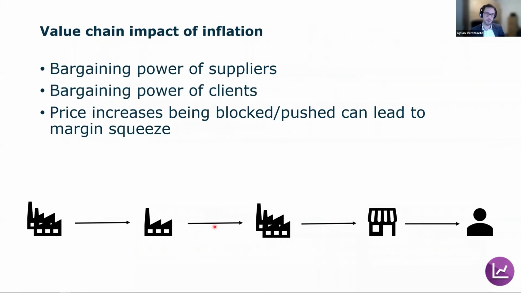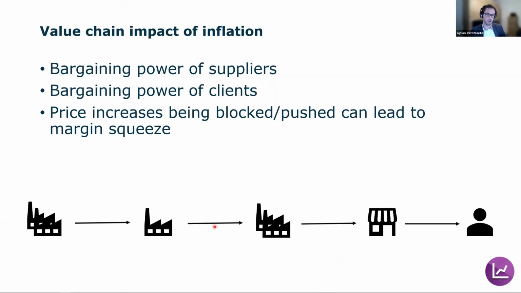And then as a final impact, it's very interesting to monitor what your position is on the value chain of your company. What's actually very interesting is to see the bargaining power of your suppliers and of your clients.